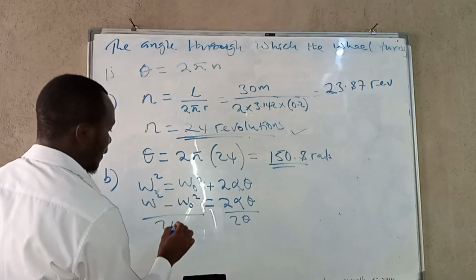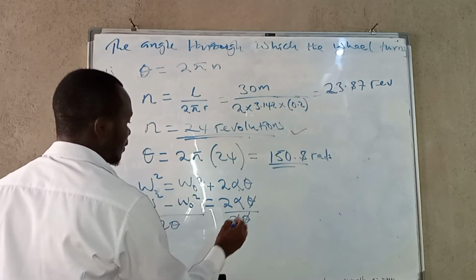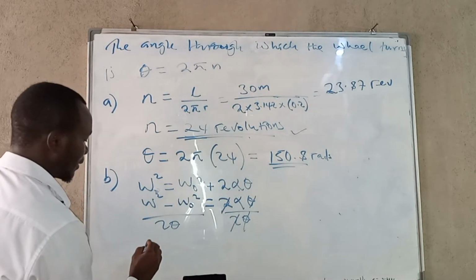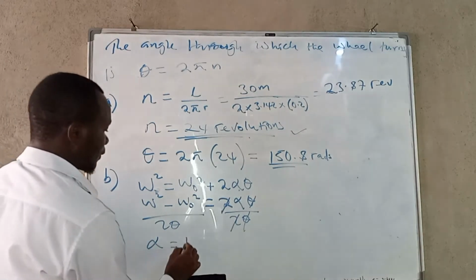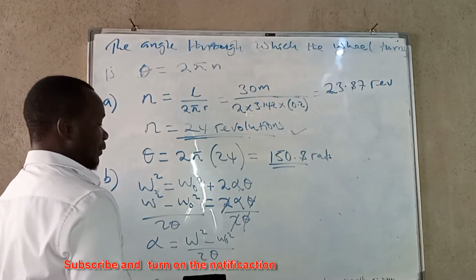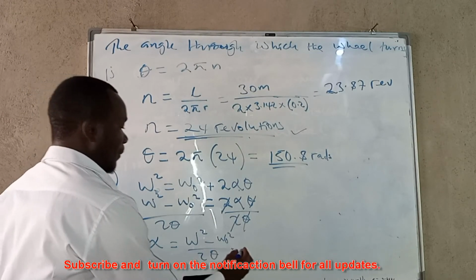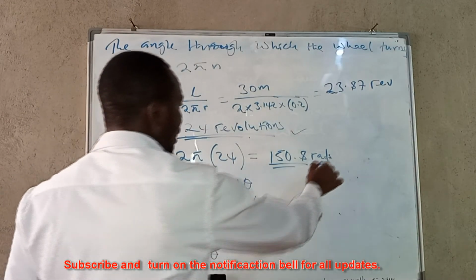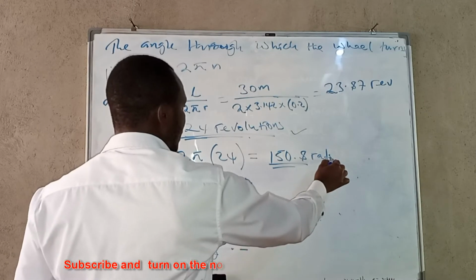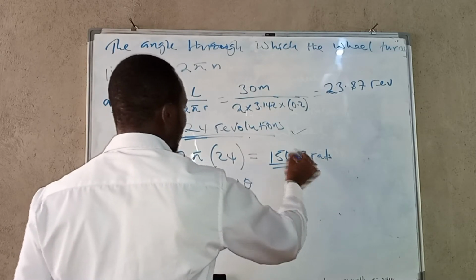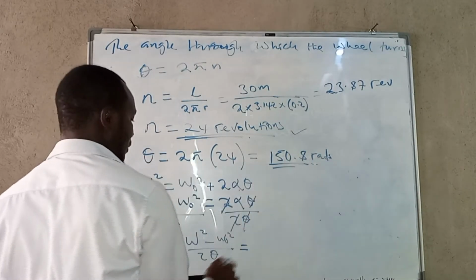So alpha is equal to, now plugging in the values, we have 150 radians for theta.